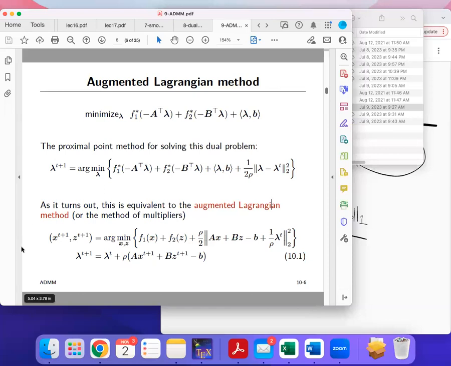I will skip this part, but eventually you can show that this single update rule is equivalent to this two-step process. In step one, we solve a subproblem regularized by a quadratic term. And in step two, we update this lambda. So this is called the augmented Lagrangian method.